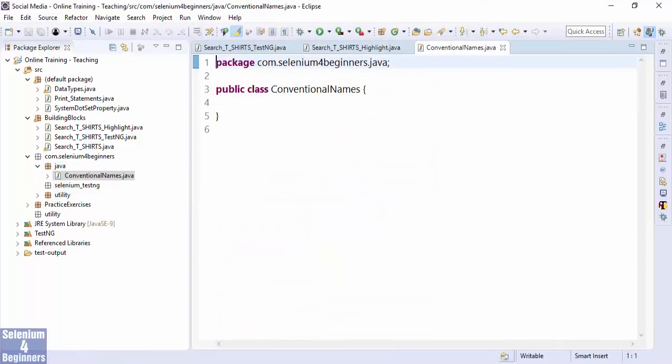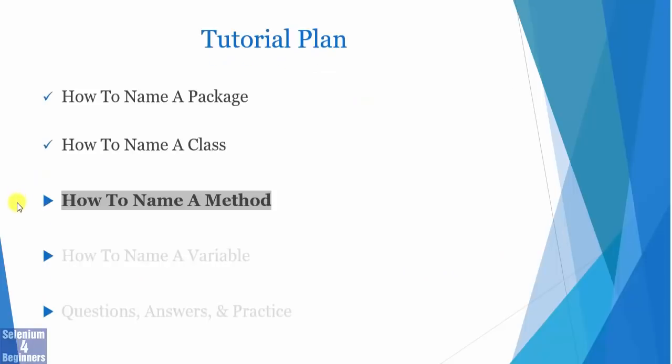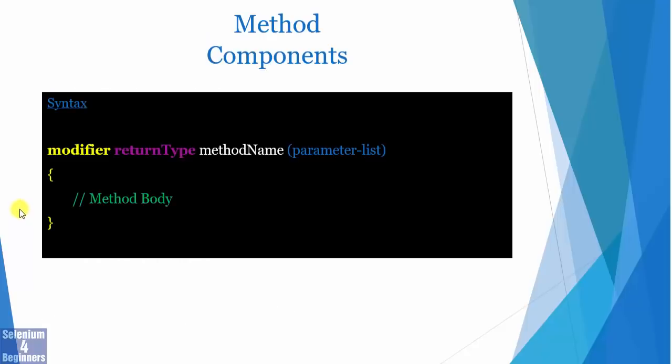Next, we have methods which are written inside of a class. How to name a method. Before speaking about conventional names for a method, let's discuss how to declare a method.